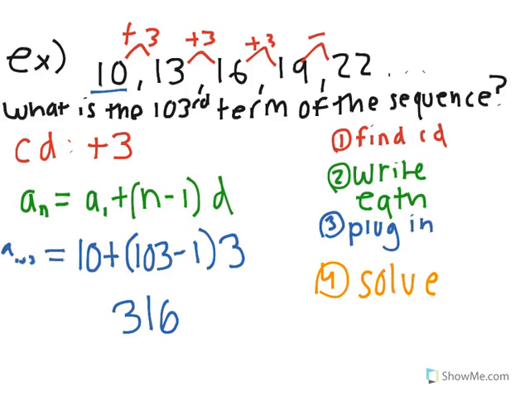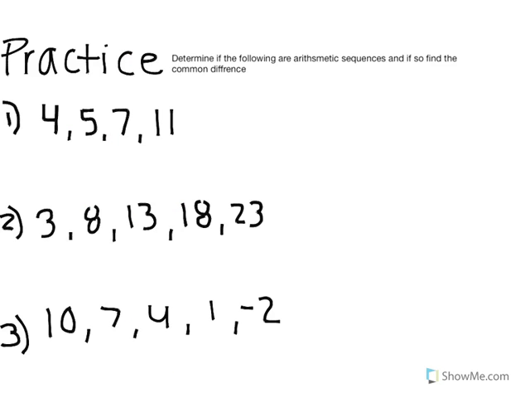And the way to check your work is to redo the problem to make sure you didn't make any simple errors, because sometimes just redoing the problem will help you catch some things. And solving it out, I get 316. That will be the 103rd term of this arithmetic sequence.